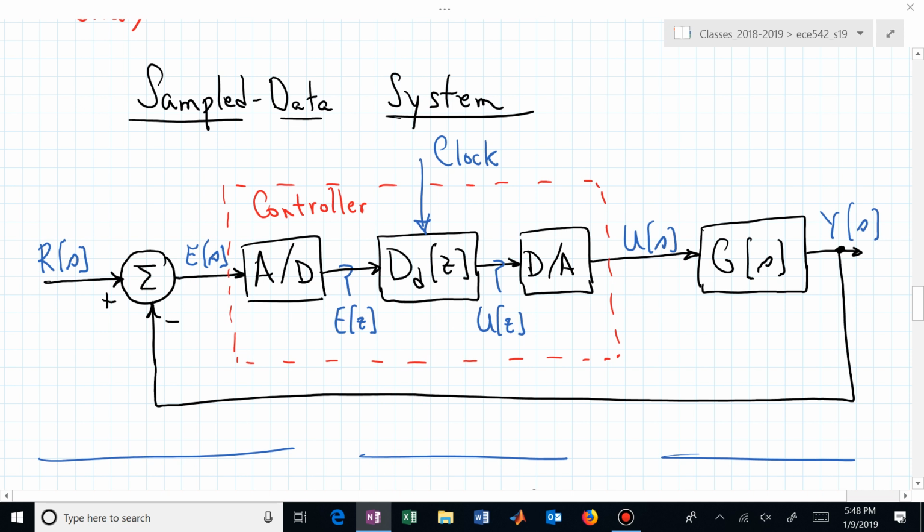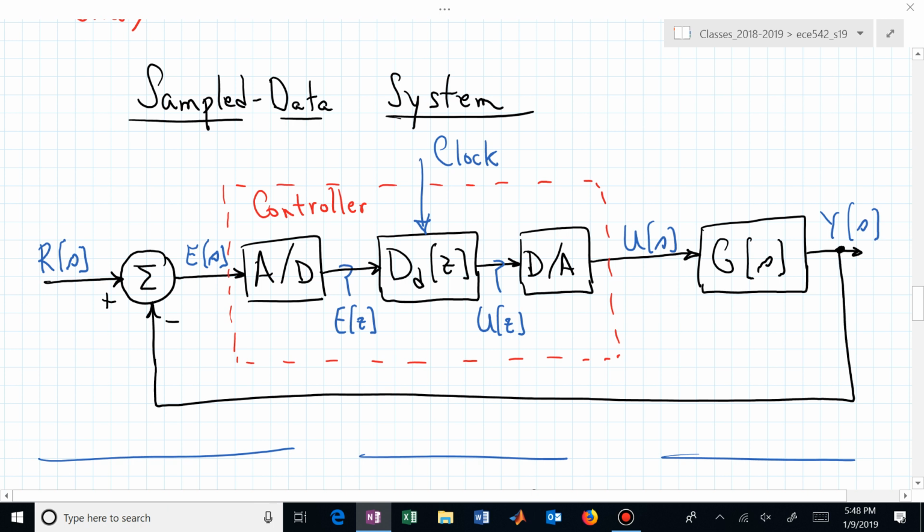It will have to be interfaced with the analog hardware, and that's why these A to D and D to A converters are on either side of that block, D sub D of Z, which may take some sequence of numbers, manipulate those, work on those with some computations, and spit out another sequence of numbers.